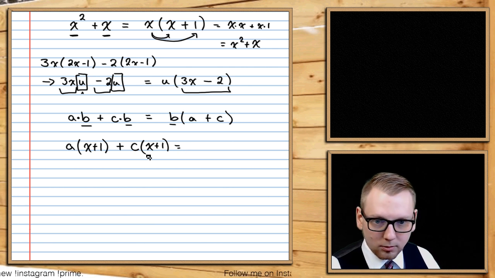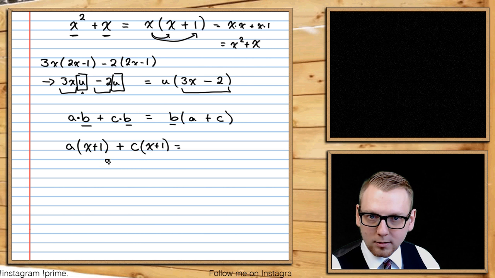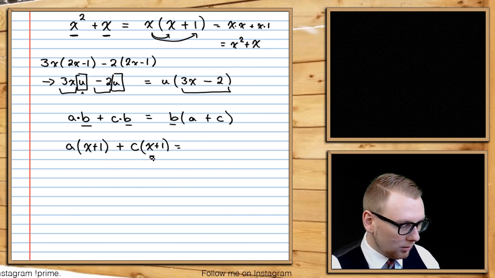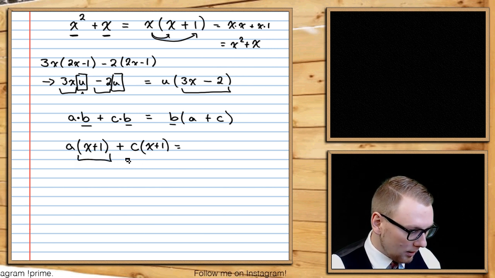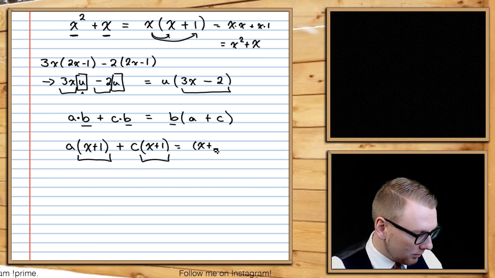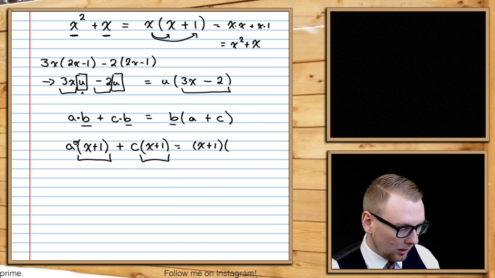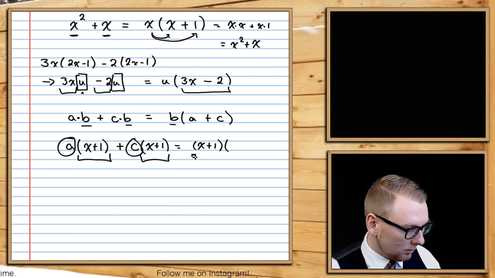Don't get confused about the x plus 1. Just realize that it's similar in both terms. So you can take it out. It's the same in both terms. So we take out an x plus 1. And what do we have left? We have an a and a c. Same thing.